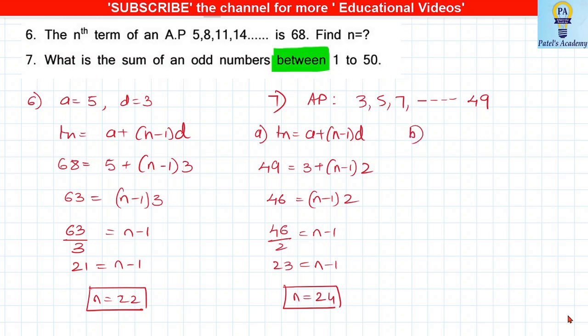Now the B part, you have to find the sum. Now here, since we know the first and the last term, I will use the second formula of Sn, that is n upon 2 (a plus an). So we got n as 24, a is 3, and Tn is 49.